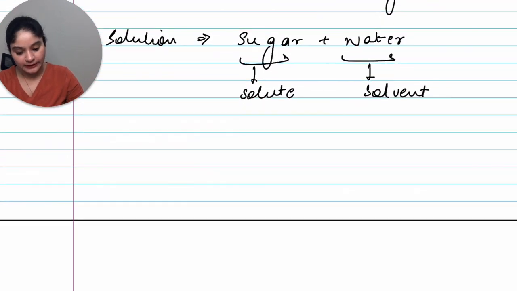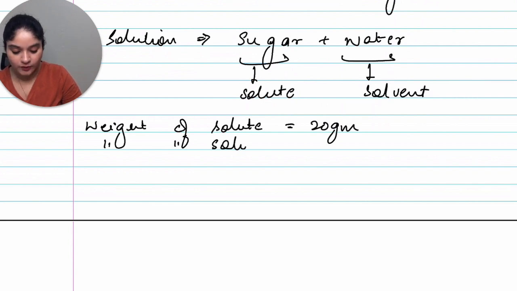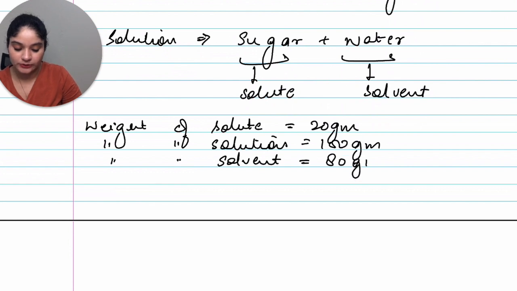So let me write that here. If I say weight of solute is 20 grams, and weight of solution is 100 grams, you can find out the weight of the solvent, that is 80 grams, students.